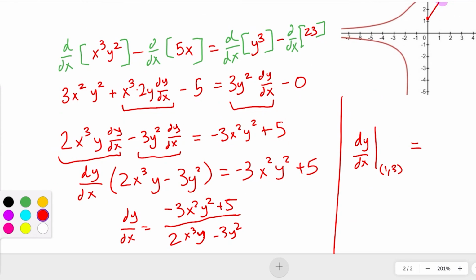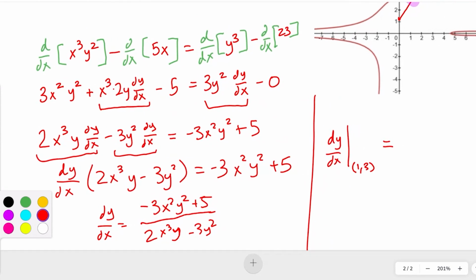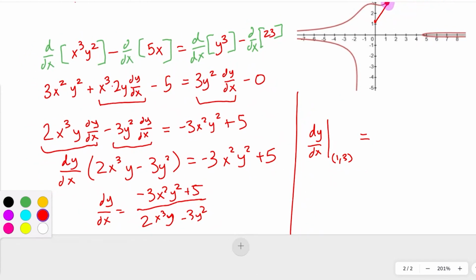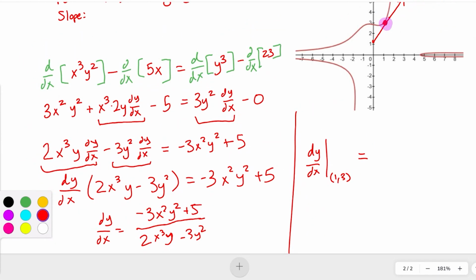Okay, so this is just some notation that I don't really use too often, but the way to read this, there's a bar here, is just dy dx at 1, 3. So I'm just going to plug in 1 and 3 into x and y, and hopefully I can handle this without a calculator.